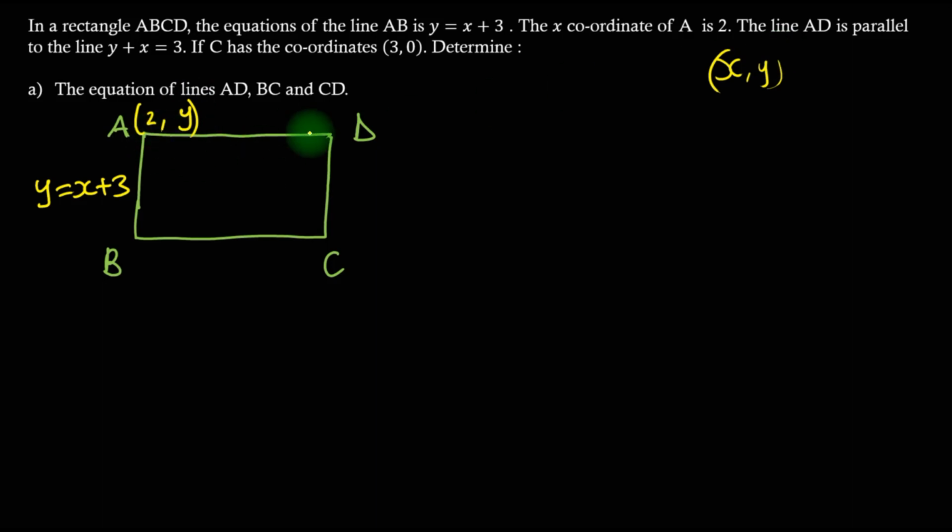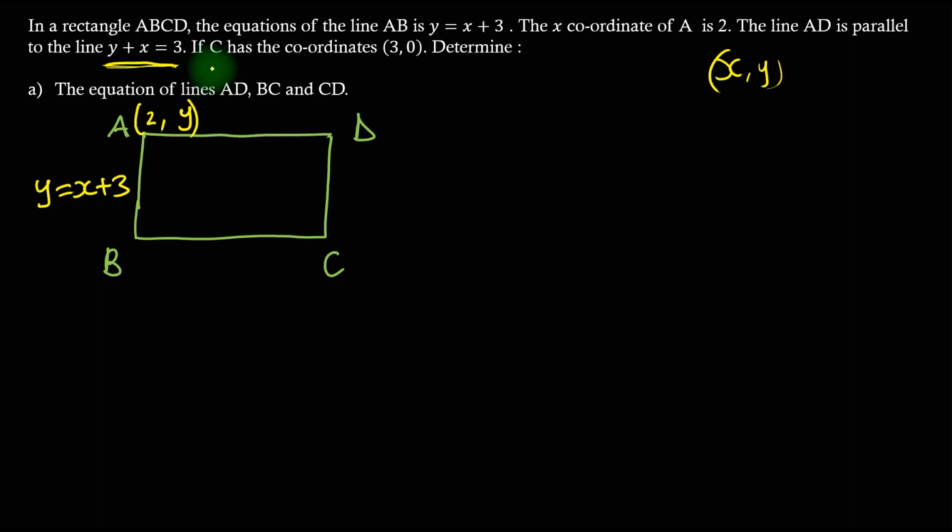Then the line AD is parallel to the line y plus x equals 3. This is not the equation of AD, but AD is parallel to it. This simply means that the gradient of this line will be equal to the gradient of AD.